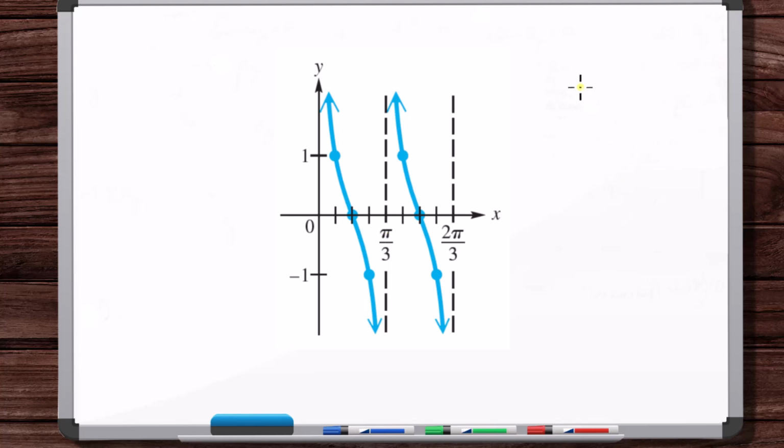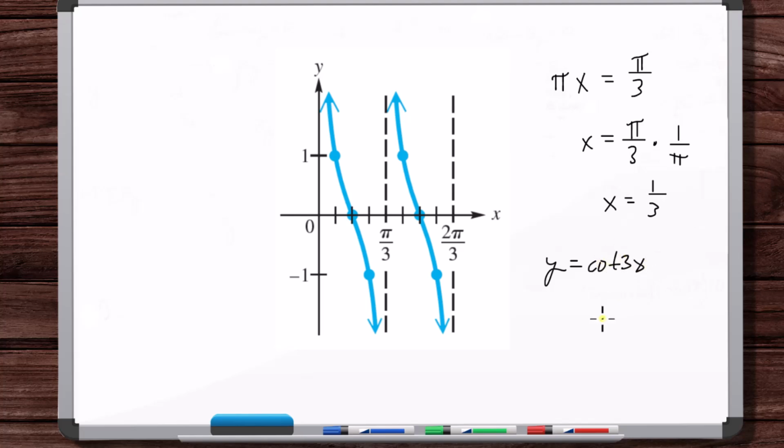But we know the standard period of tangent and cotangent is pi. So pi was multiplied by something to give pi over 3. What was it multiplied by? Pi over 3 times 1 over pi. It was multiplied by 1/3. So, okay, we can start with y is equal to cotangent 3x.